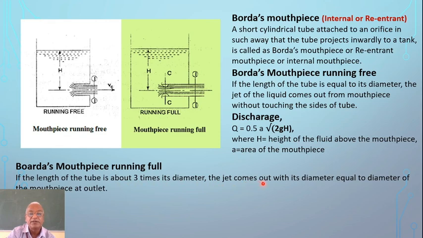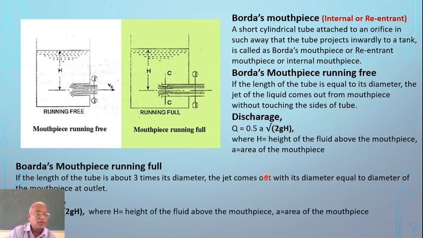Then the jet comes out with its diameter equal to the diameter of the mouthpiece at the outlet. That will be running full. The discharge in this case will be Q equals 0.707 A root 2gH, where H is the head above the mouthpiece and A is the area of the mouthpiece.